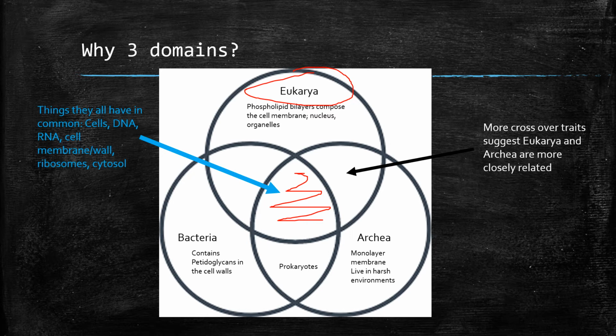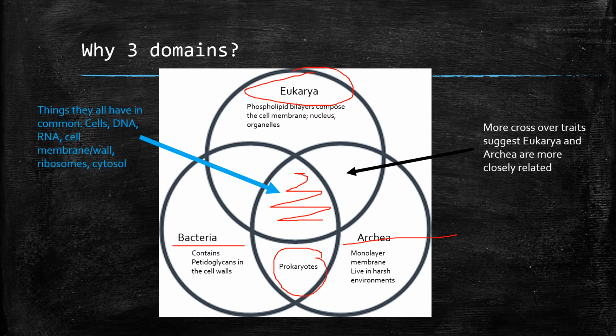Then we're going to come down here to bacteria and archaea. Bacteria and archaea are composed of prokaryotic cells. Remember, the Eukarya domain is made up of eukaryotic cells, while bacteria and archaea are made up of prokaryotic cells.